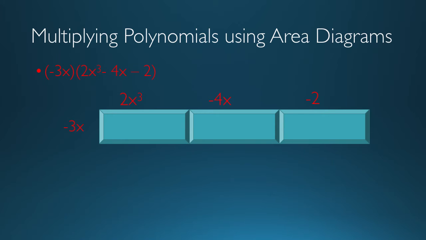Make your width across the top 2x cubed minus 4x minus 2, and your monomial can be the length on the side.